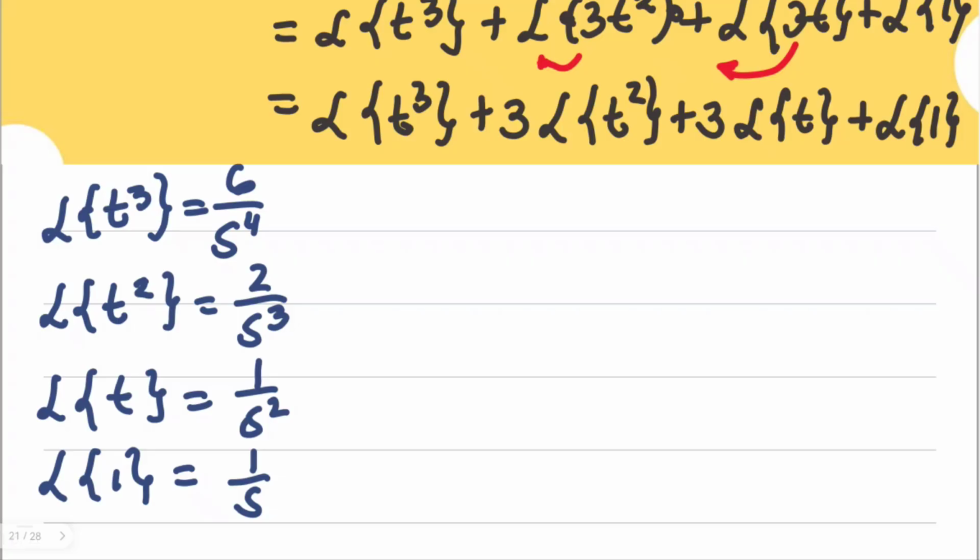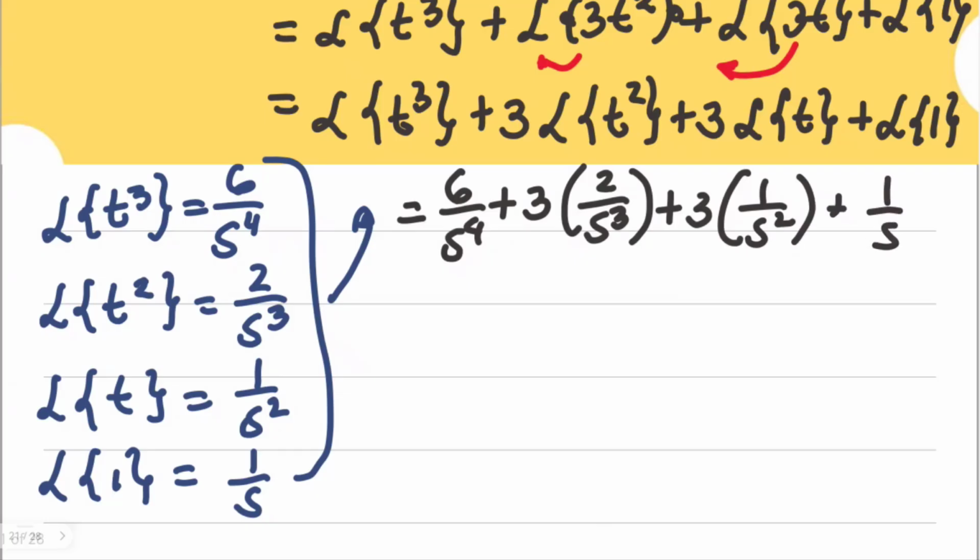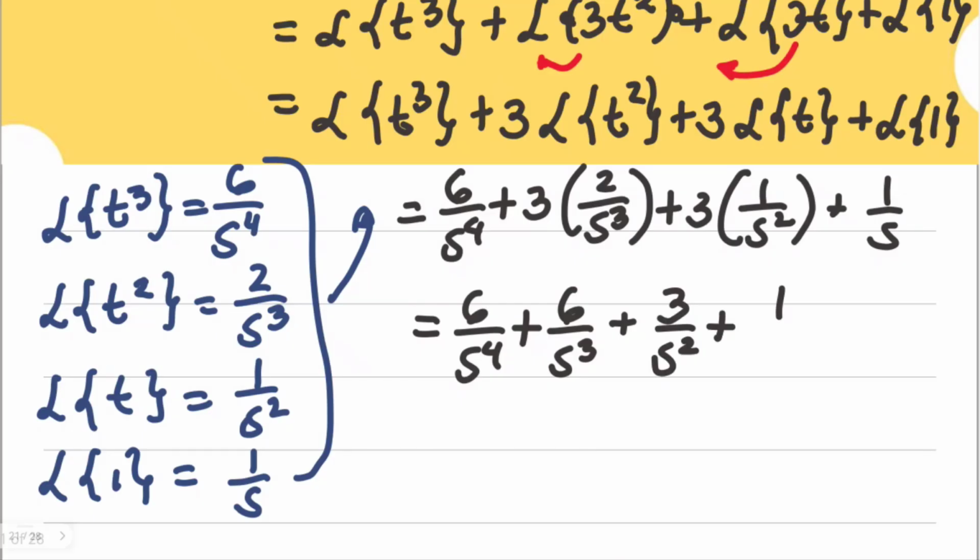So by using all of this, it is equivalent to 6 over s to the power of 4 plus 3 times 2 over s cubed plus 3 times 1 over s squared plus 1 over s. So the result is 6 over s to the power of 4 plus 6 over s cubed plus 3 over s squared plus 1 over s.